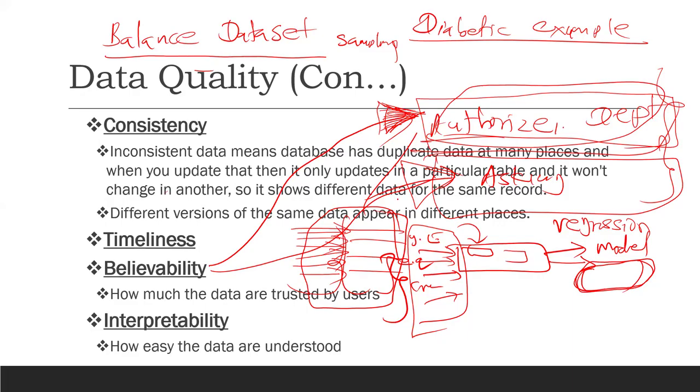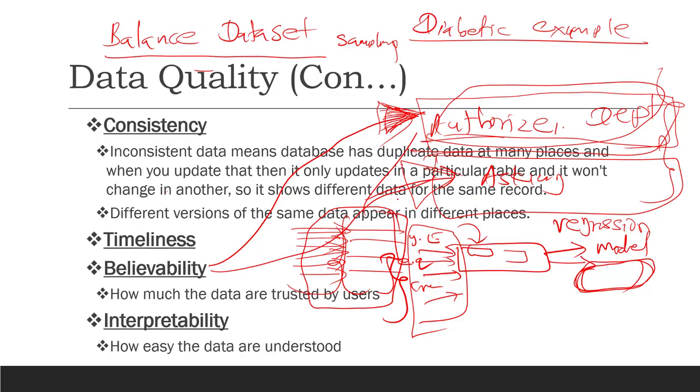The next thing, interpretability of your data, right? The interpretability of your data means how easily we can understand the data. Some data sets are more complex, right? Complex in the sense that some attributes involve equations. You collect some attributes, and from those attributes you calculate other values, right?